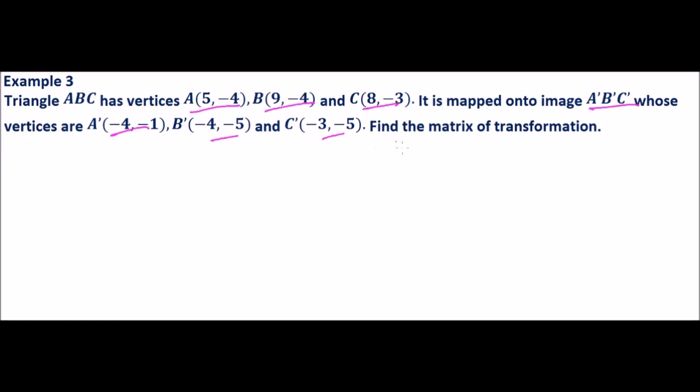For us to be able to do this, let's assign the transformation as A, B, C, and D. From there, we will multiply this by the matrix formed from the vertices of the object, 5, 9, minus 4, then we have 8, minus 3, and we close the bracket.